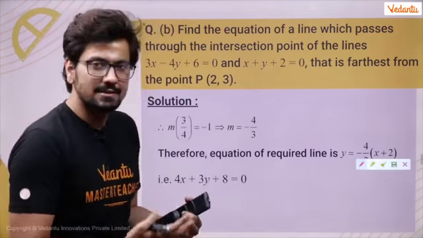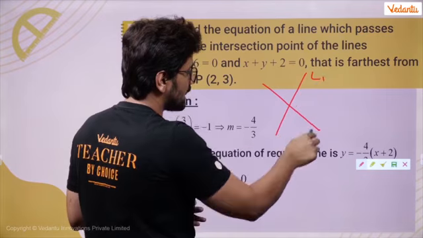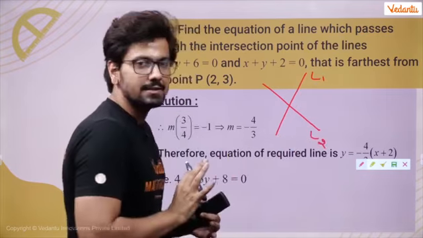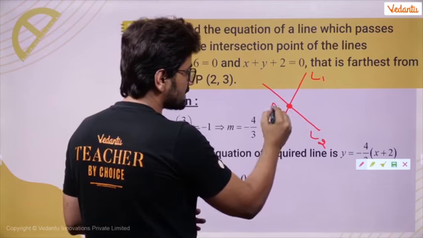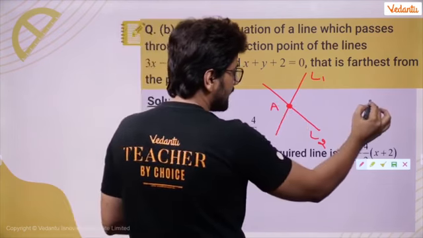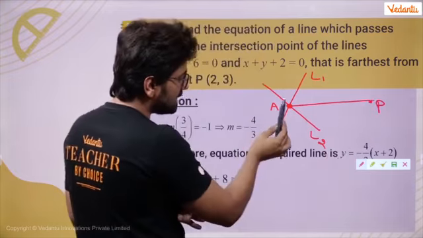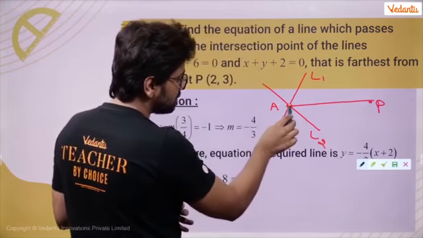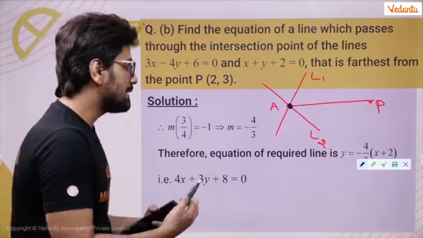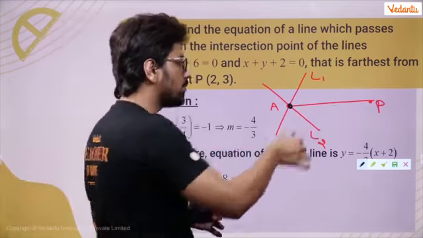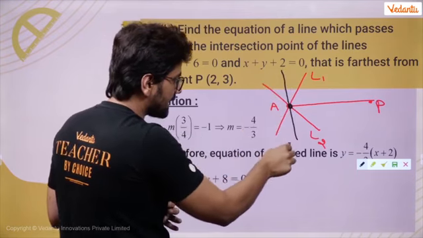So let me visualize this question to you. So basically initially there were two lines L1 and L2. This is the point of intersection. We have called this point as A, and there is a point P, and if we join these 2 points, so basically there will be infinite lines which will be passing through the point A. We are looking for equation of that line which is farthest from the point P. So let's say that required line is our line L here.